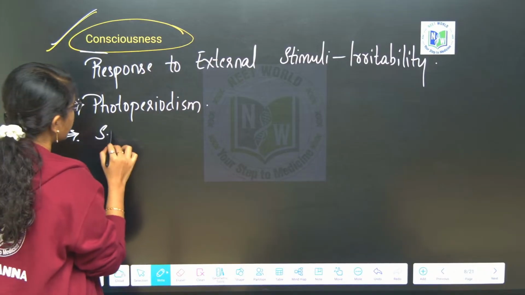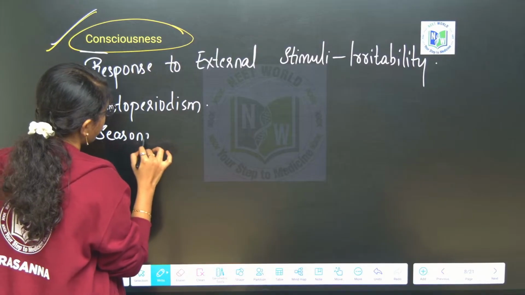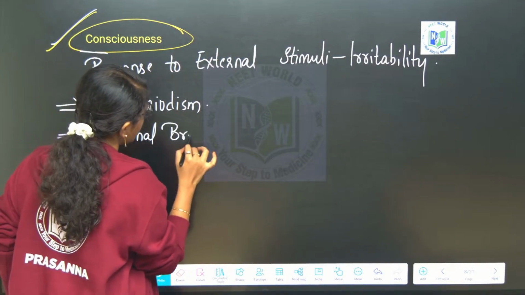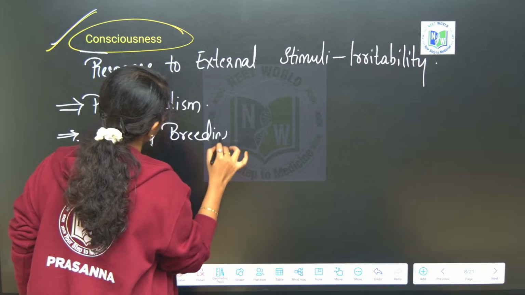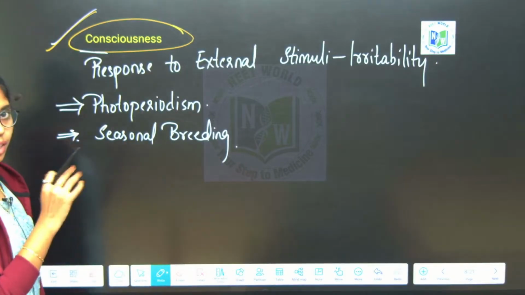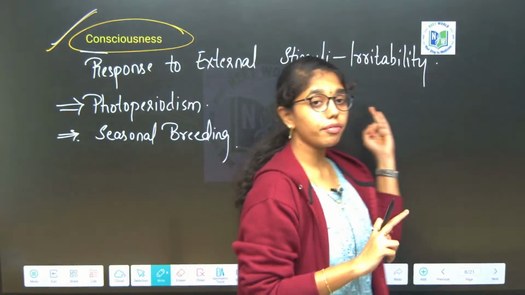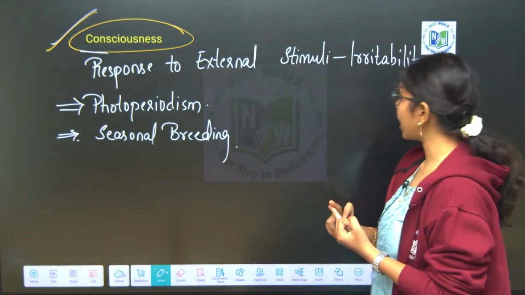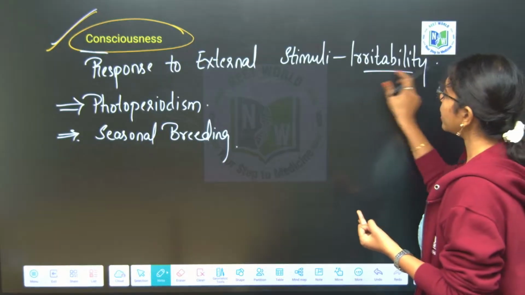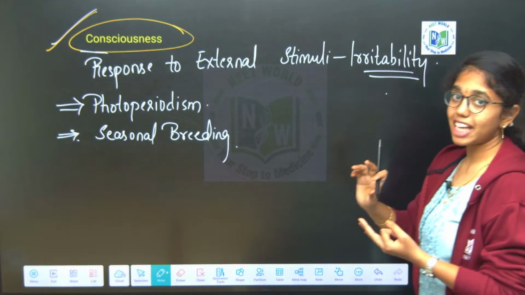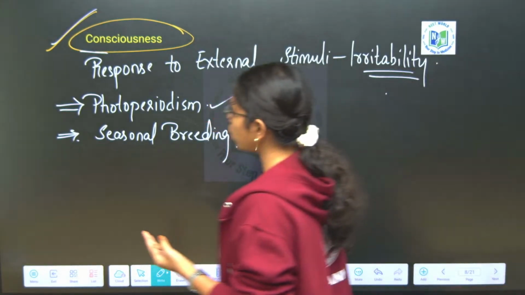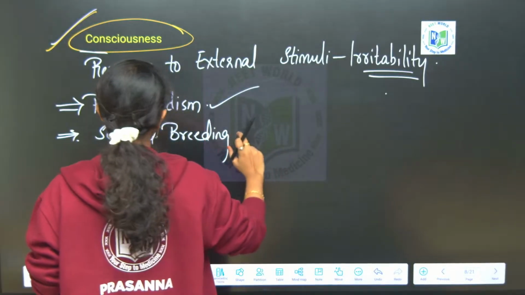Seasonal breeding in animals is decided by what? Consciousness. So consciousness is a defining feature of living, and it is defined as the response to the external stimuli, which is irritability. Best examples in plants and animals are photoperiodism and seasonal breeding.